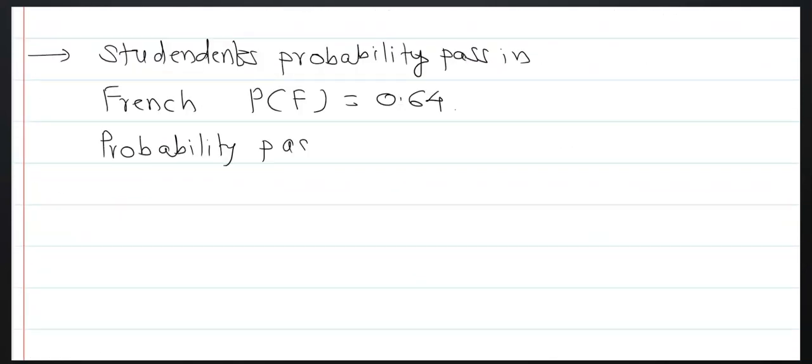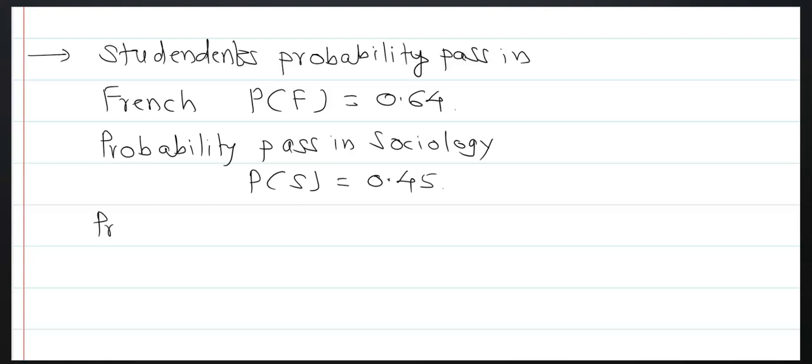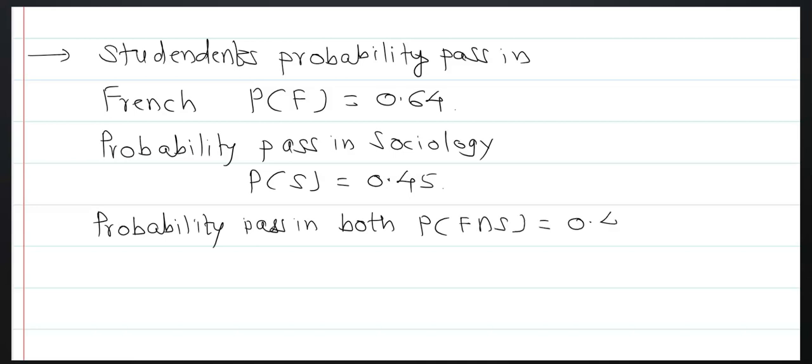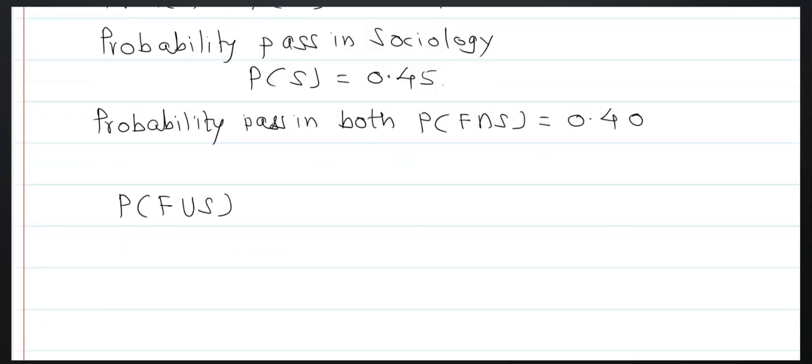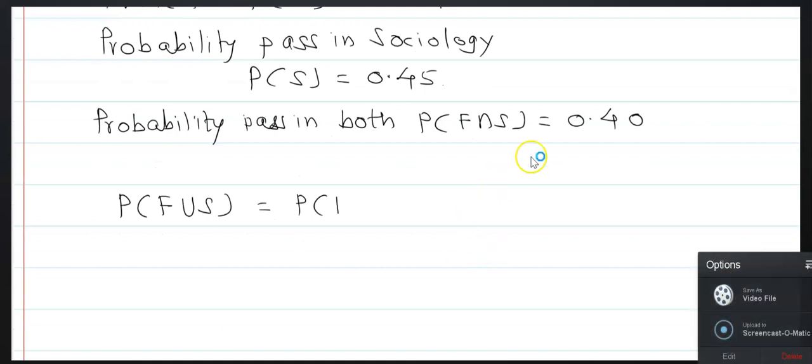Next is the probability to pass in sociology, P of S is equal to 0.45. Probability of passing in both, that is P of F intersection S is equal to 0.40.